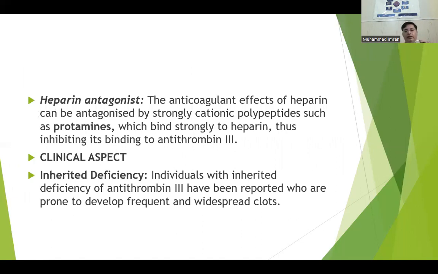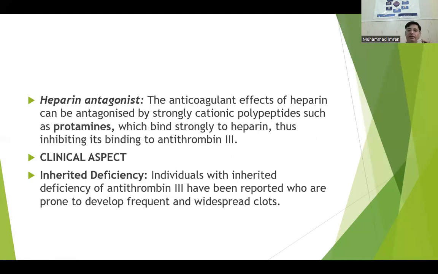Heparin antagonist: the anticoagulant effect of heparin can be antagonized by strongly cationic polypeptides such as protamine, which is a basic protein, a positively charged protein, which can bind with heparin. If it binds with the heparin, then it inhibits its binding to antithrombin 3. What happens in our blood?